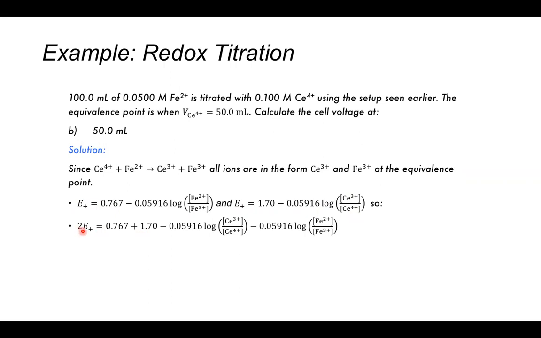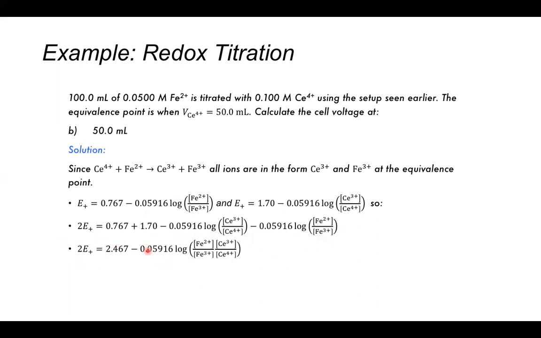So twice the reduction potential is going to be equal to, basically, adding these two together, the one for the cerium and the one for the iron. So 0.767 plus 1.70 minus this Nernst expression based on the concentration of the cerium ions, and this part here based on the concentration of the iron ions.